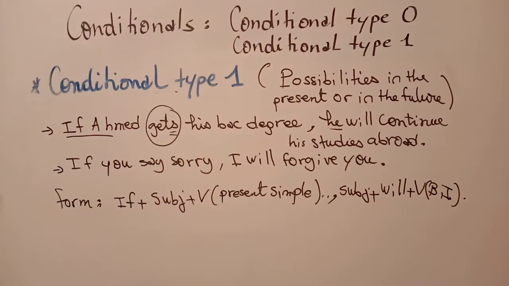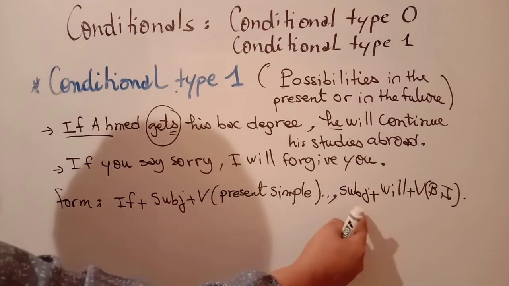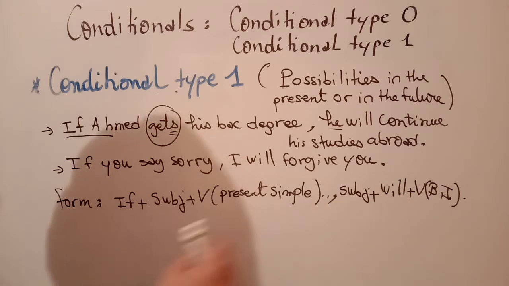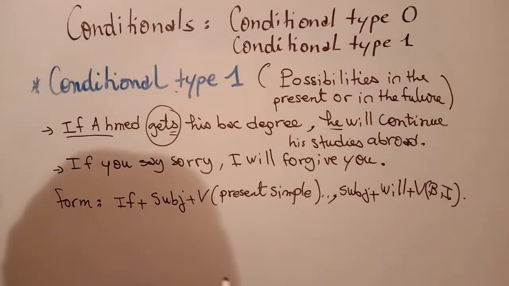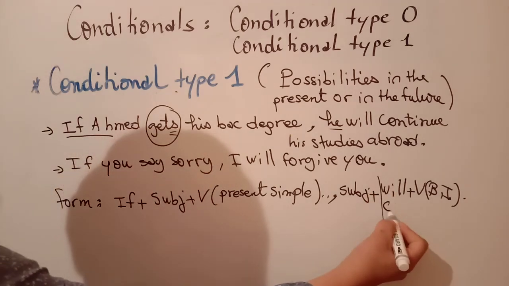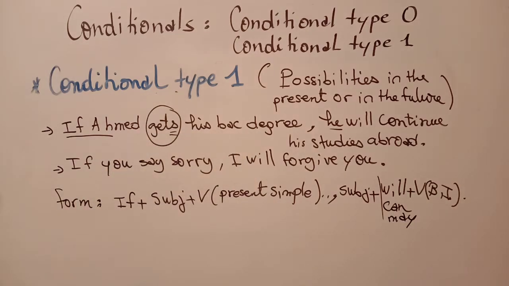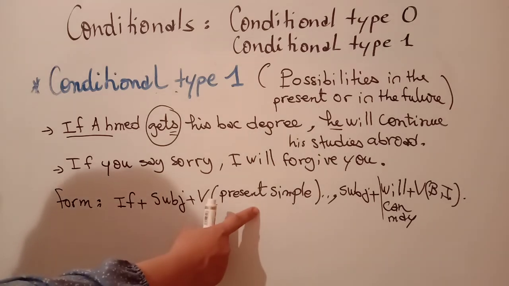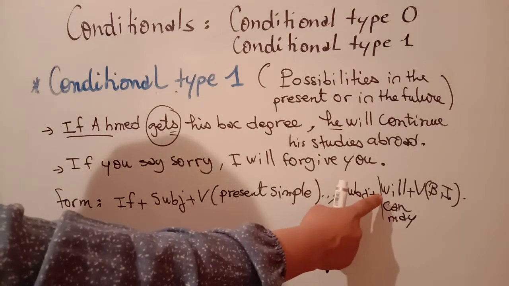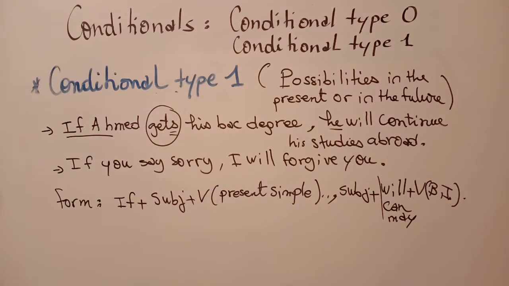So verb bare infinitive, verb without to, because we have the modal. Okay, subject plus will plus verb bare infinitive. In general, we have will, but sometimes you can have either can or may. Can or may plus verb bare infinitive. Okay, so as you see, in the if clause you have verb present simple. In the main clause you have the modal plus verb bare infinitive. So let's practice and learn more the form of conditional type 1.